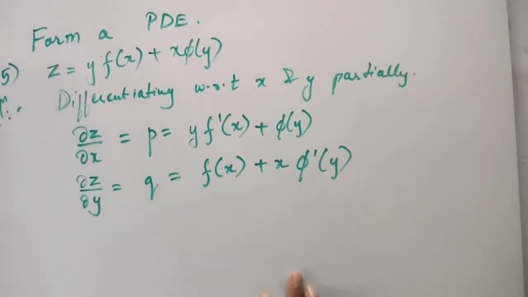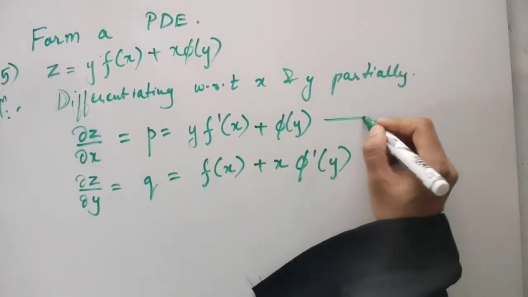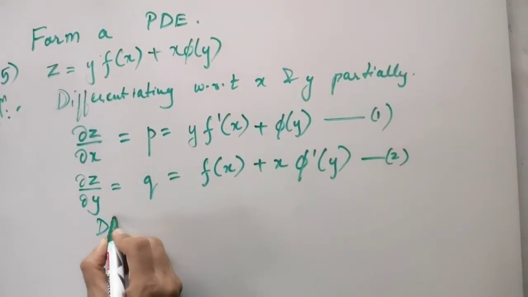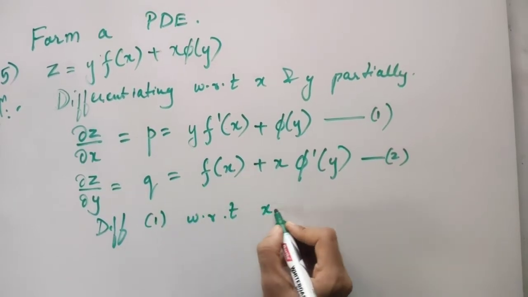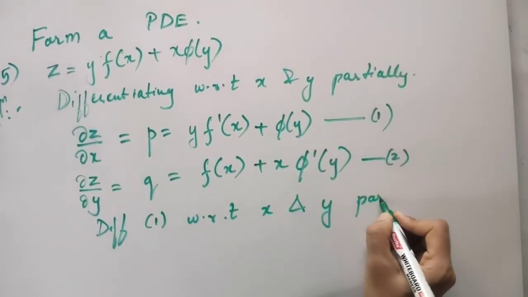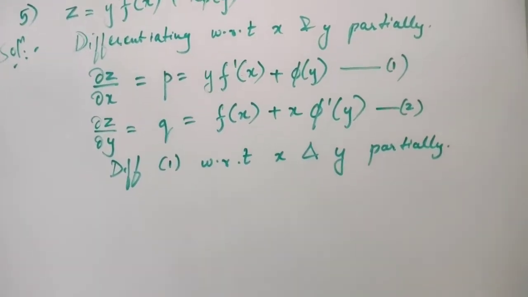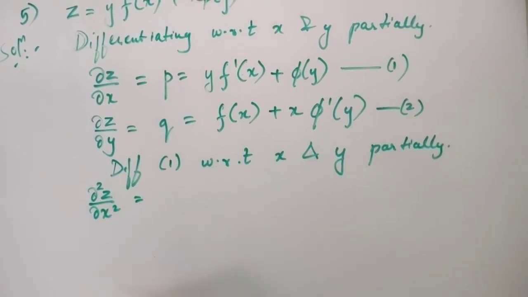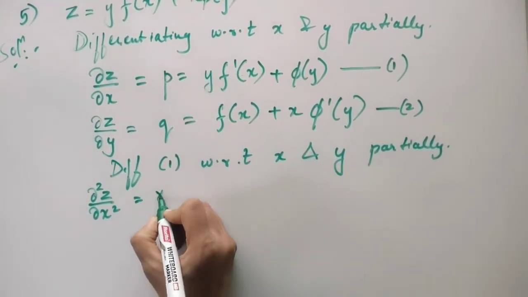Now let us once again differentiate. I'll call this equation 1, and this equation 2. Differentiating equation 1 with respect to x and y partially again. It will be ∂²z/∂x², and you denote it as r, is it not?